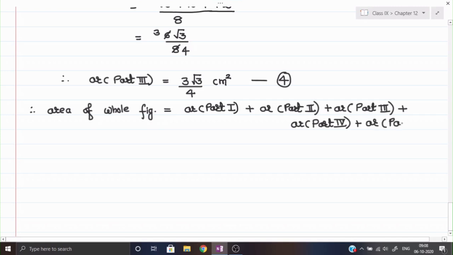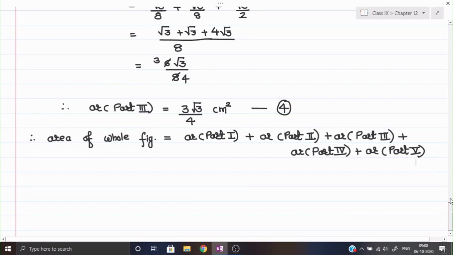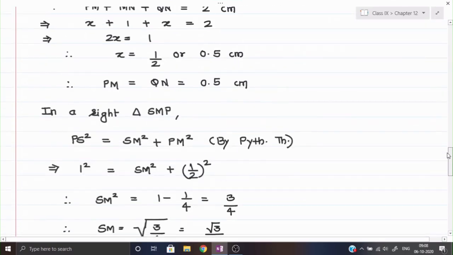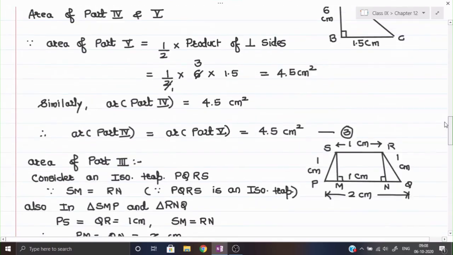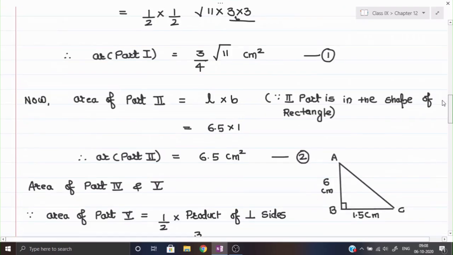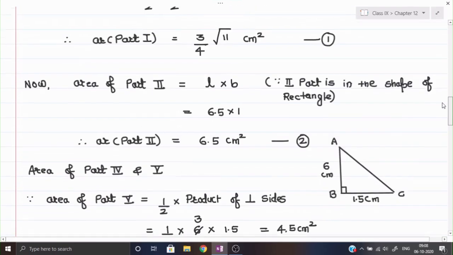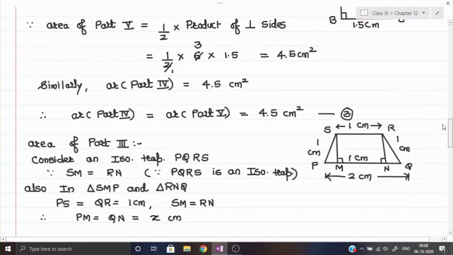Now, see, these many parts we have to add now. Okay. Let us see what is the area of part 1 we have left. See, we will go to the first equation. We shall write down each and every area. Area of part 1, you observe we have 3 upon 4 under root of 11, and second one is 6.5.